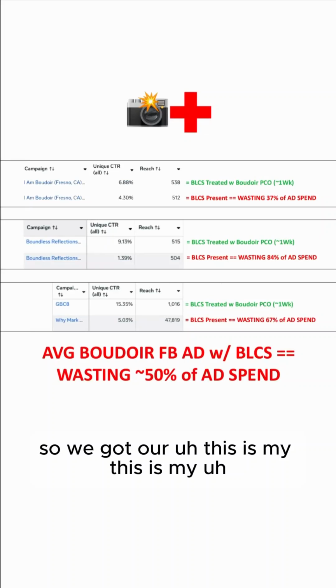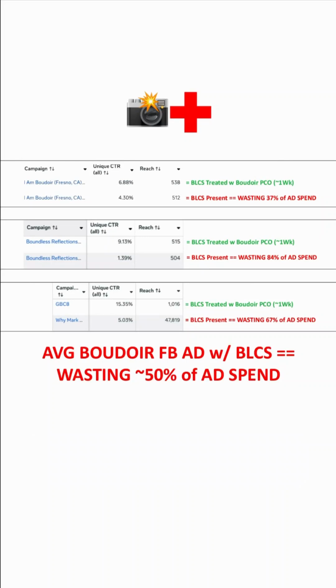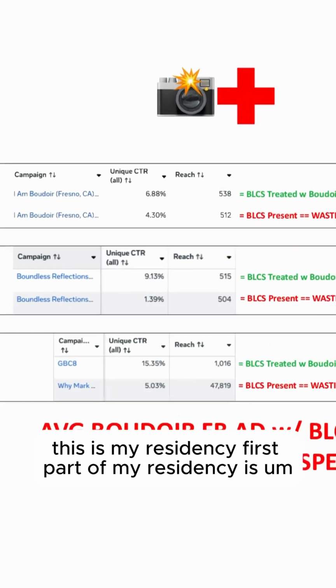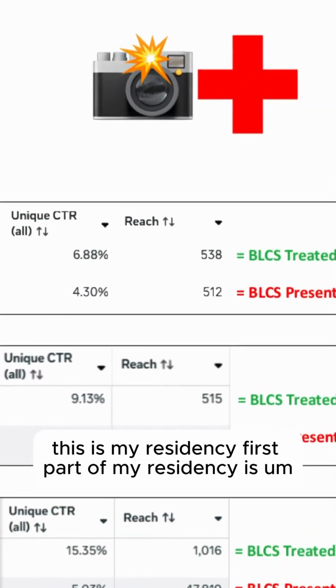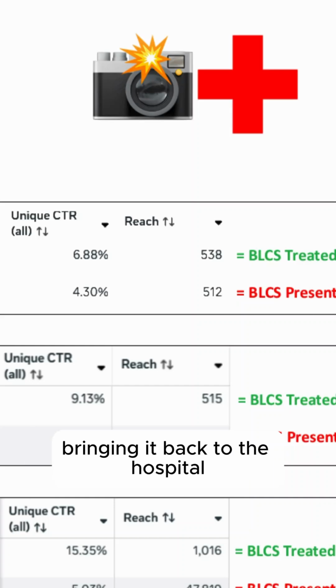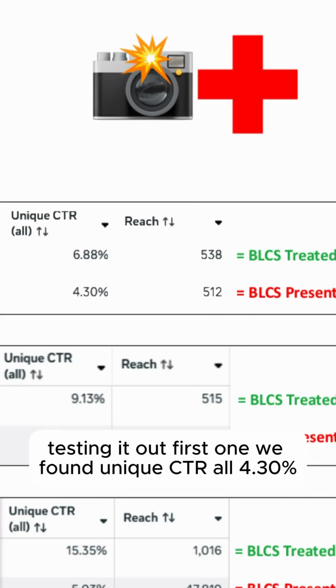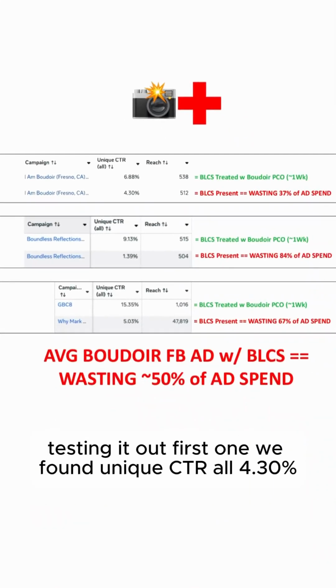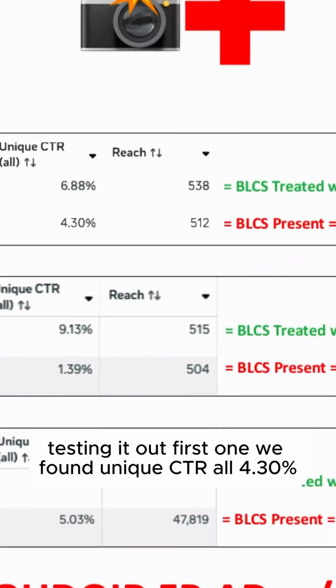So this is my residency. First part of my residency is finding a Boudoir Facebook ad out there, bringing it back to the hospital, testing it out. First one we found, unique CTR all 4.30%.